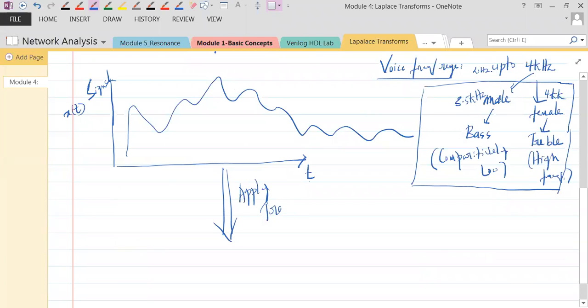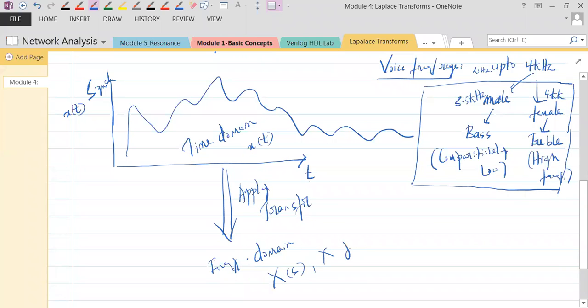Apply transform. So when you apply a transform on the time domain signal x of t, what will you get? You will get a frequency domain signal, say X of s, X of jw, or say F of s.